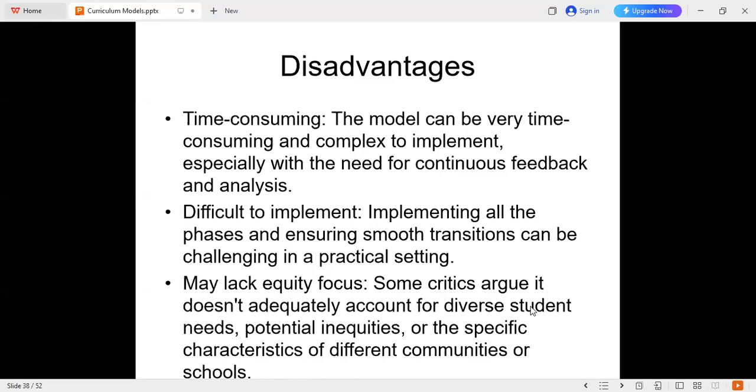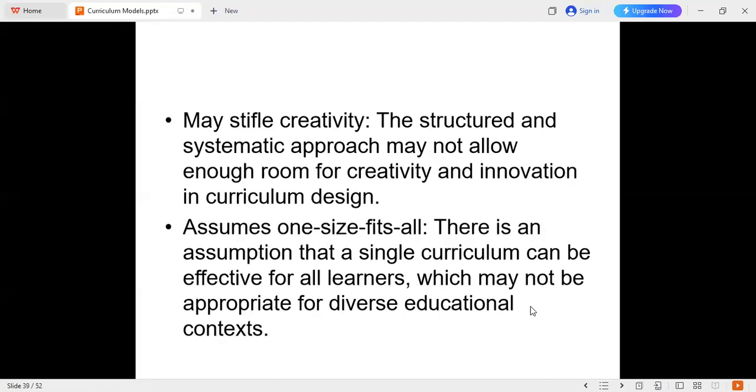But according to this criticism, curriculum developers should address all these things. It may limit creativity: the structured and systematic approach may not allow enough room for creativity and innovation in curriculum design.